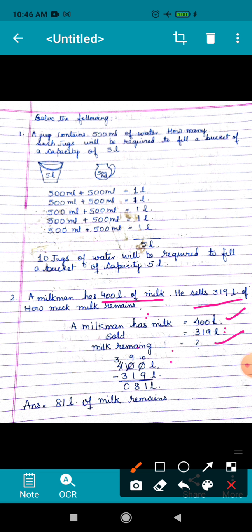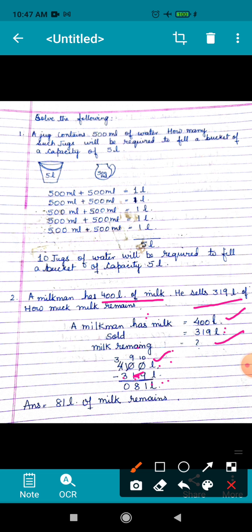400 minus 319. Children, you cannot subtract 9 from 0. So the ones place 0 will borrow from the tens place. The tens place has again 0. So first the tens place will borrow from the hundreds place and then give to the ones place, right? So the tens place has taken 1 from the hundreds place and it becomes 10.